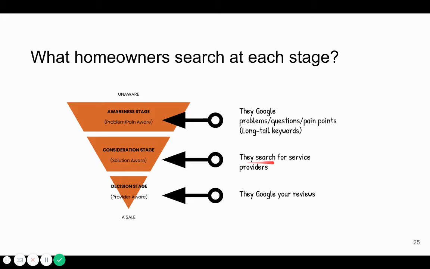So they search for alternatives to you, and they also search questions and problems they might have, or something claimed by the solar sales team, and then they will verify. So at different stages, they are searching different things, and content marketing usually fits in here, but it can fit in here as well.